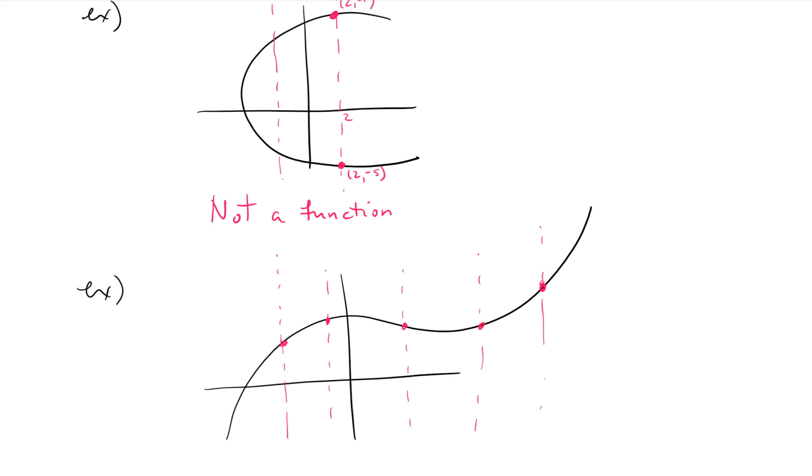So it is a function. It passes, right, the vertical line test. Maybe actually "verifies" is more appropriate here. Let me change that.